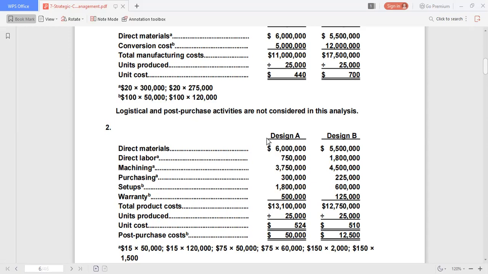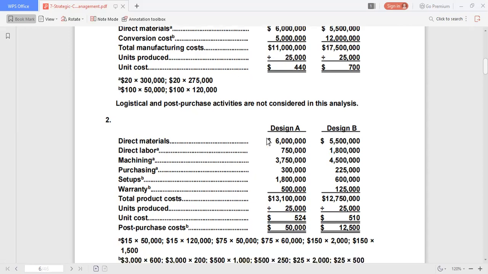Then for purchasing, we multiply 150 times 2,000 purchase orders, and then 150 times 1,500 orders.